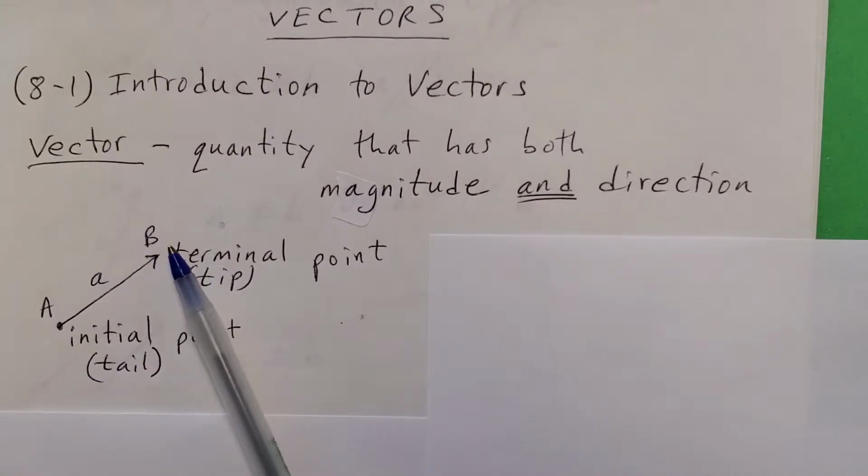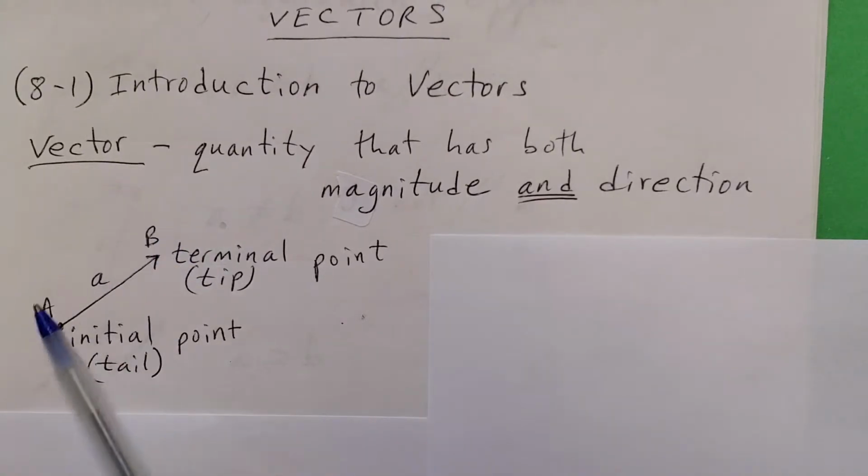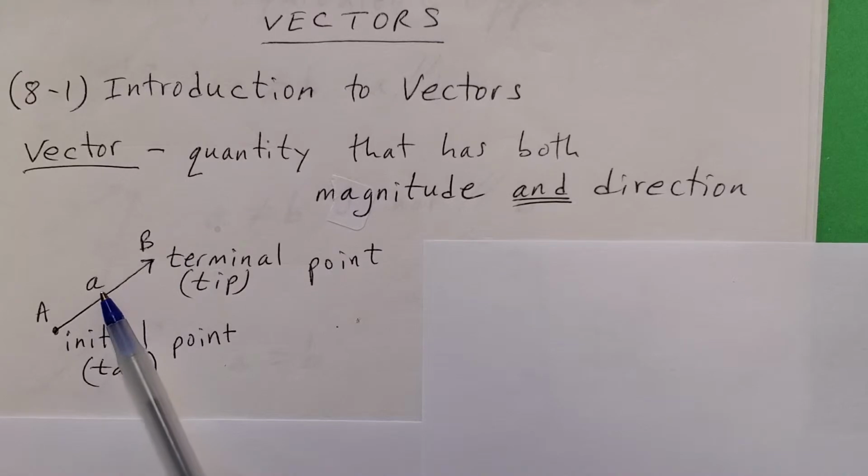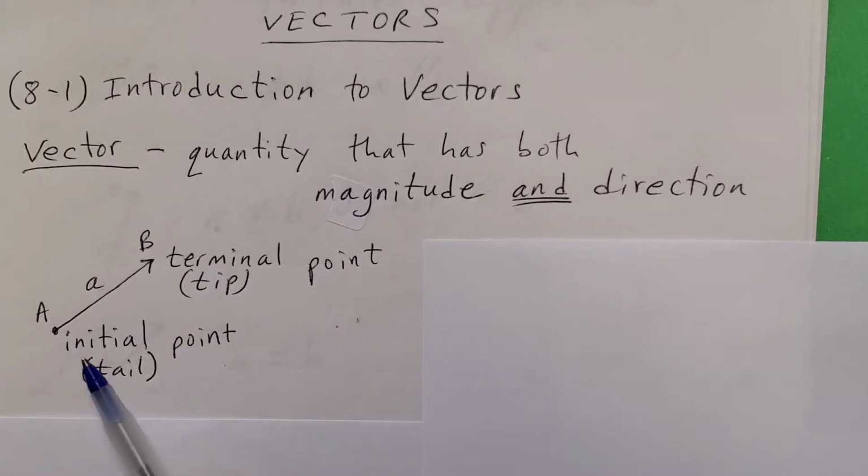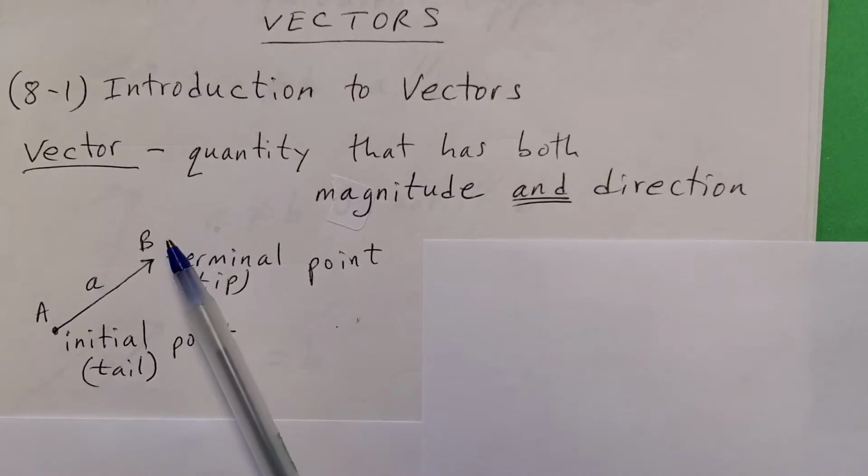That's one way to label it. Or we can skip that and just give it one lowercase letter in the middle like that. So you could say this is vector AB with capital letters, or you can say vector a and be done with it with the small letter.